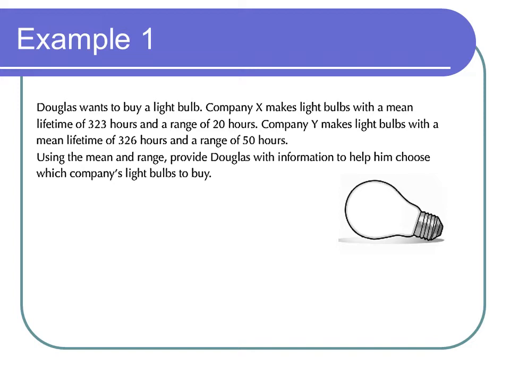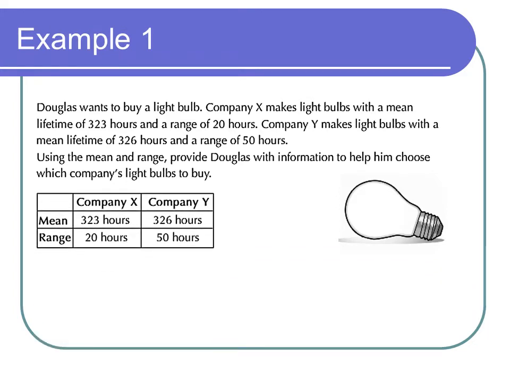Here it's very important to put the data that we have in a table because it will help us to find the answers quickly. Light bulbs made by Company X have a mean of 323 hours, and the light bulbs made by Company Y have a mean of 326 hours.